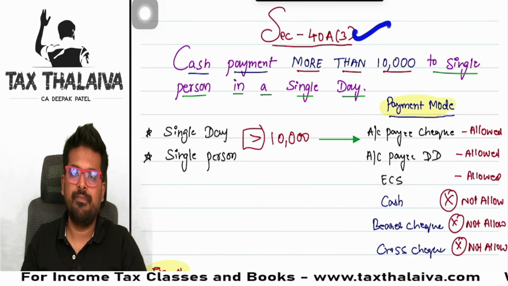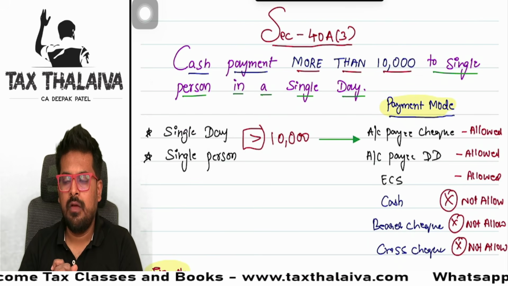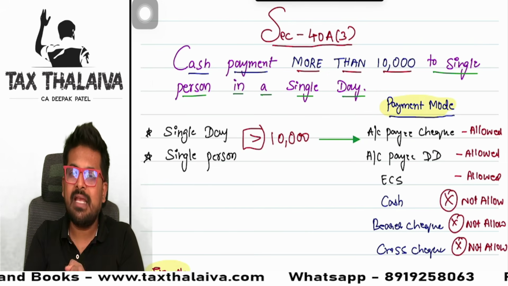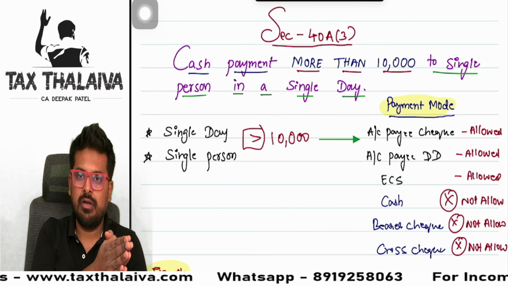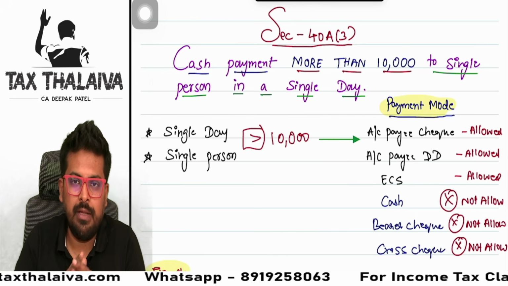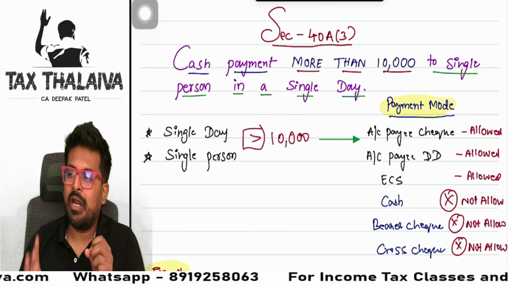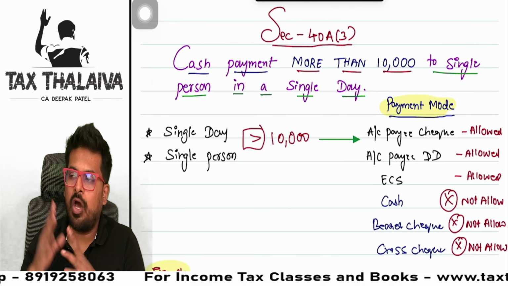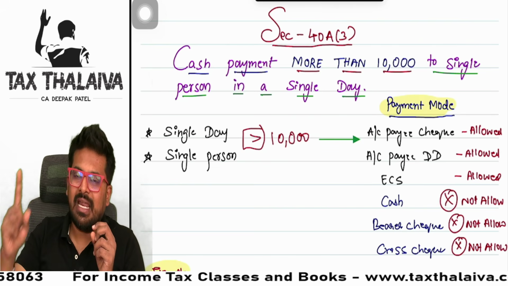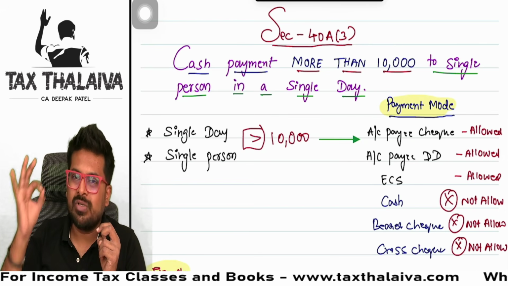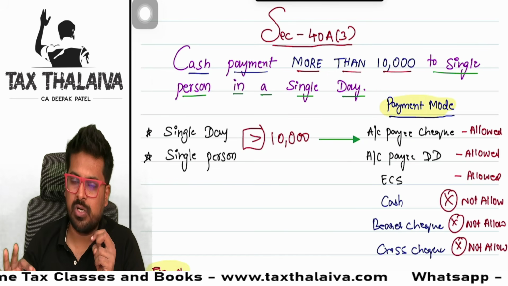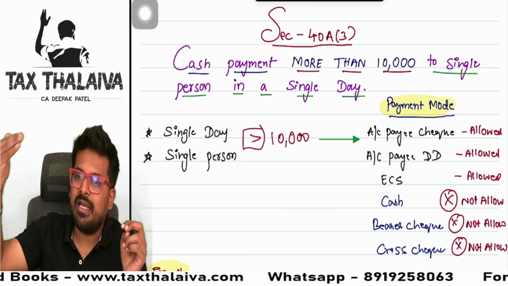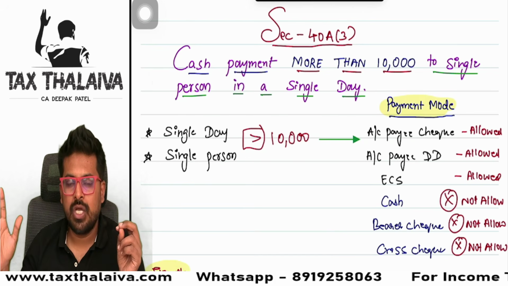Now, section 40A(3). Guys, remember one thing. If you want to claim any kind of business expenditure, you should make the payment for such business expenditure through the prescribed modes of payment only. If for a particular expenditure you make payment to the seller or vendor, to a single person in a single day, more than 10,000 in cash or other than in prescribed modes, in that case, the extent to which you made the payment in cash or other than prescribed modes will be disallowed.